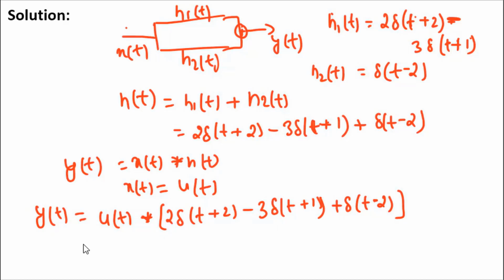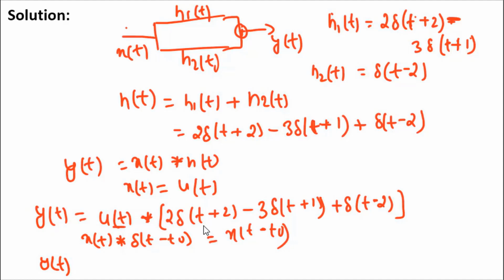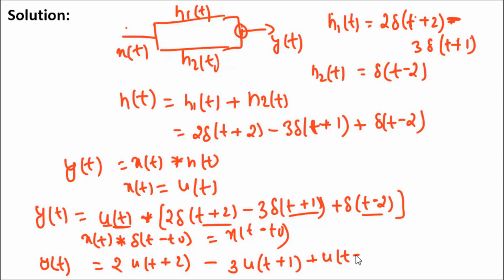So by using the relation that if you have a signal x of t and you convolve with a delta function which is at t naught, then you will get x of t minus t naught, your y of t will be given by, when you convolve this u of t by delta of t plus 2, you will get 2 times u of t plus 2, minus, when you convolve this u of t by delta of t plus 1, you will get 3 times u of t plus 1, and when you convolve this u of t by delta of t minus 2, you will get plus u of t minus 2.